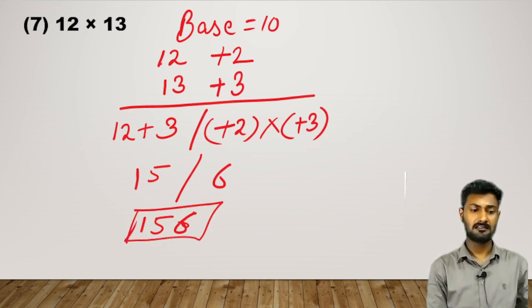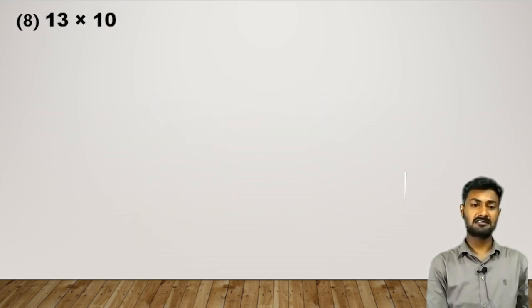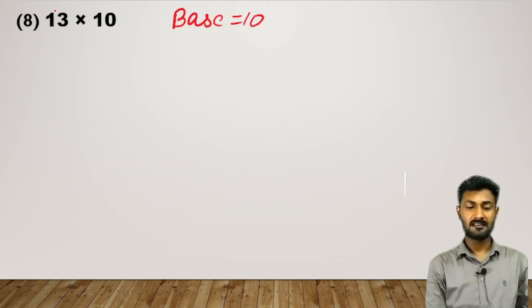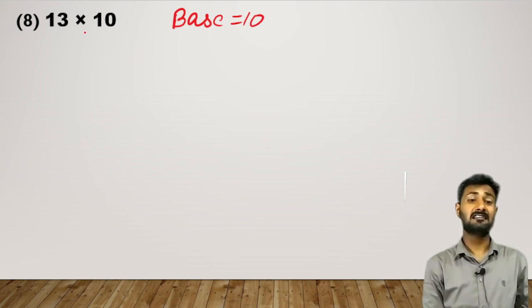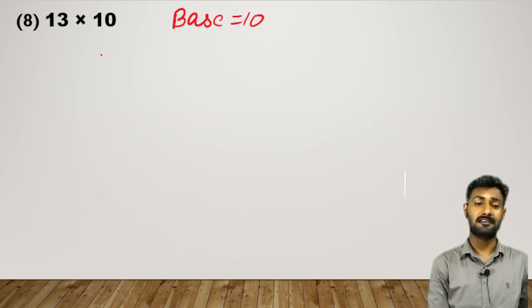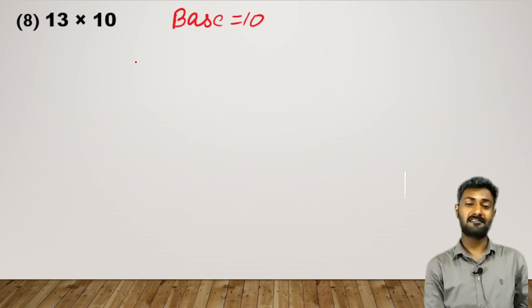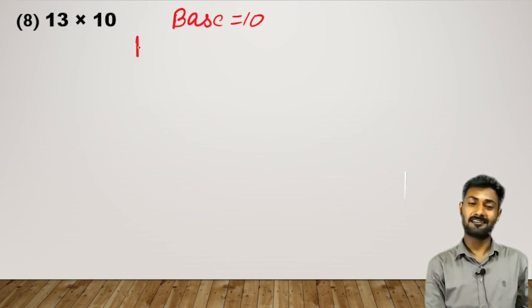156. Okay. And the last one is 13 multiplied by 10. Here the base is 10. In this question, the one important thing is that the number is equal to the base. In this condition, write the numbers 13 and 10.